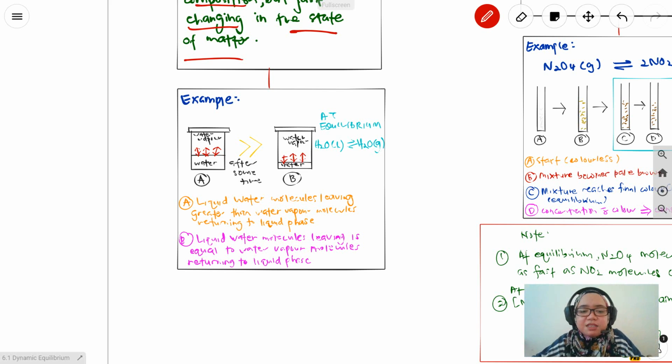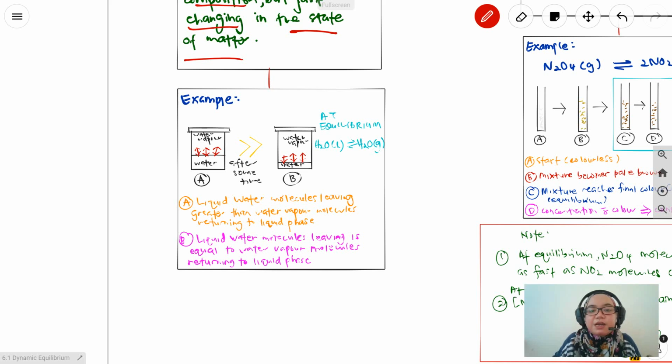However, after some point, bila dah cukup, dah banyak dah, the system is at the equilibrium where the rate of forward reaction, water to water vapor, is equal to the rate of reverse reaction, water vapor to liquid water. So now the liquid water molecules leaving is equal to the water vapor molecules returning to the liquid phase. So we said that this system has achieved a physical equilibrium.